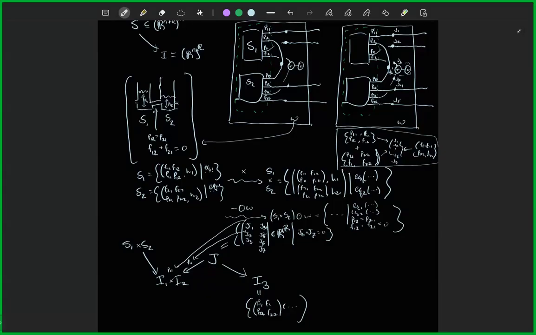And then J3. Well, sorry, I should say this. It's a big family here of, as I said before, the I1 times I2, all of these things.